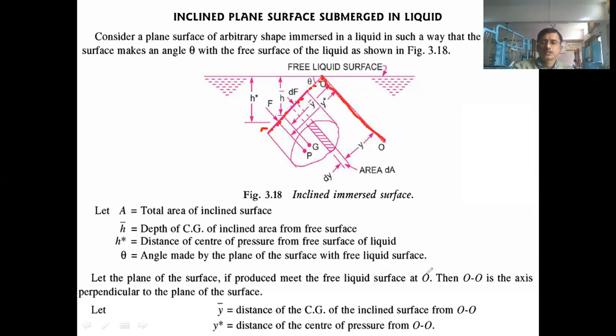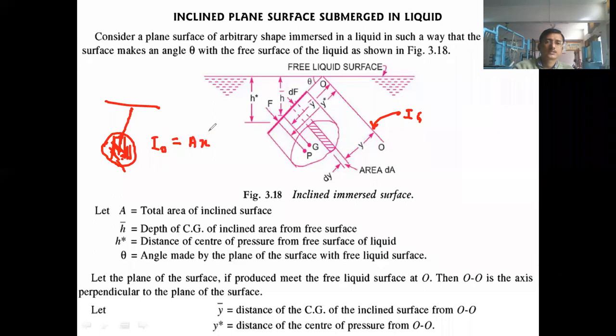Why do we draw this line here? Because we will find out the moment of inertia about this line or this axis. Moment of inertia is nothing but the area into the perpendicular distance squared, right? Area of this object into perpendicular distance squared. I0 is nothing but A x squared, if x is the distance between these two, this axis and this.